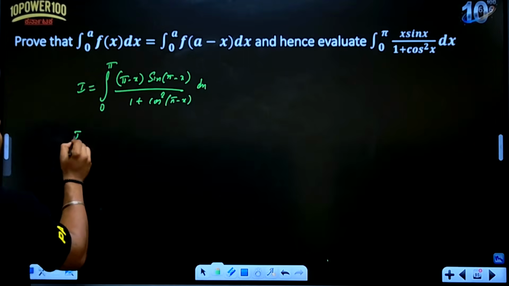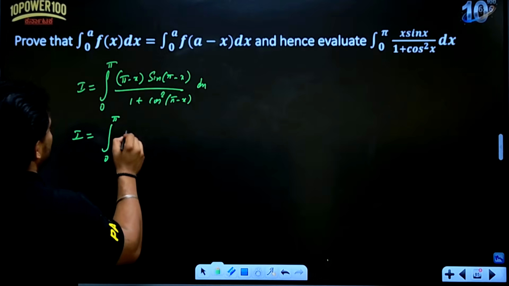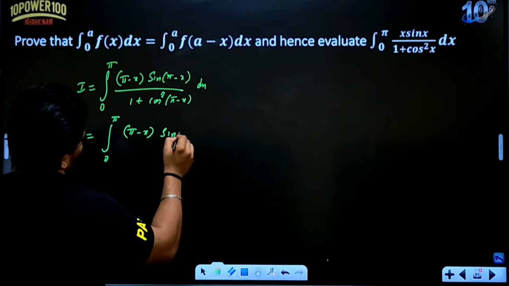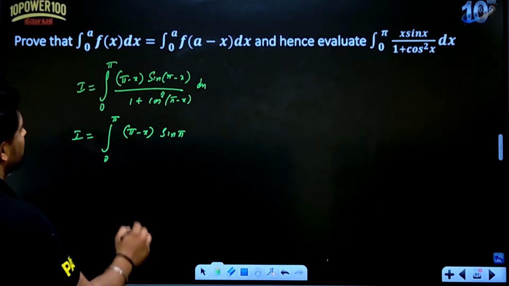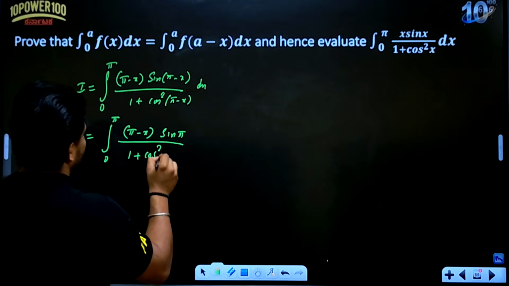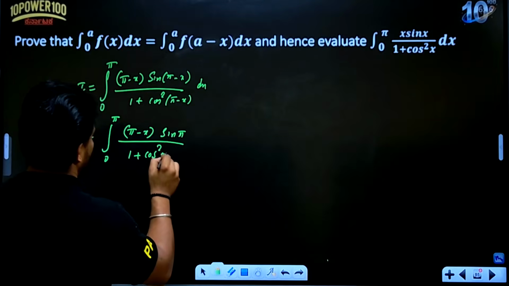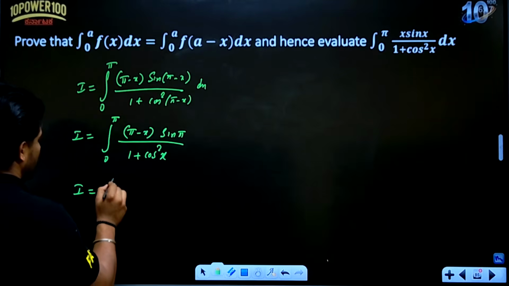So I is equal to the integral from 0 to pi. Multiplying, sin(pi minus x) is nothing but sin x only. For the denominator we get 1 plus cos square x. So now I is equal to the integral from 0 to pi.